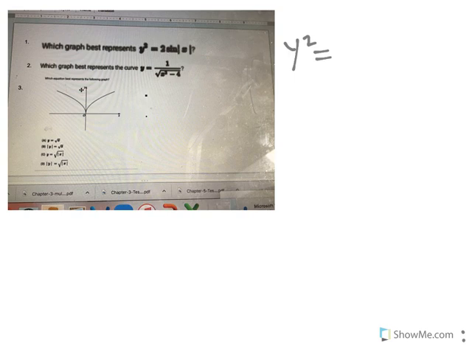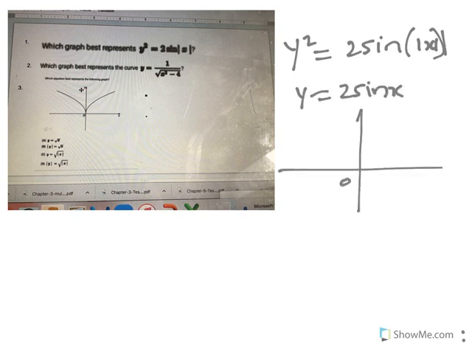This one's got a few interesting things. You've got y squared equals 2 sine absolute value of x. So the interesting part first, if you sketch 2 sine x, that's going to, sine graph starts there and goes like that. That's going to be pi and 2 pi.